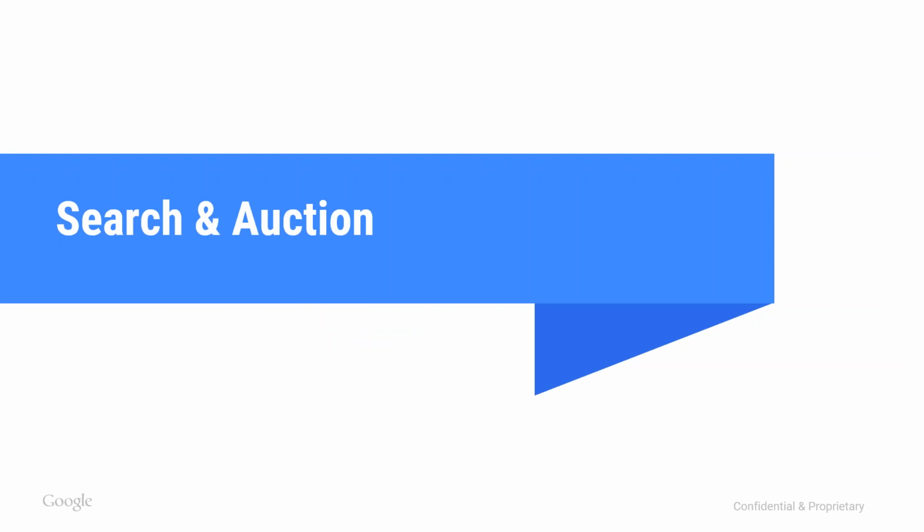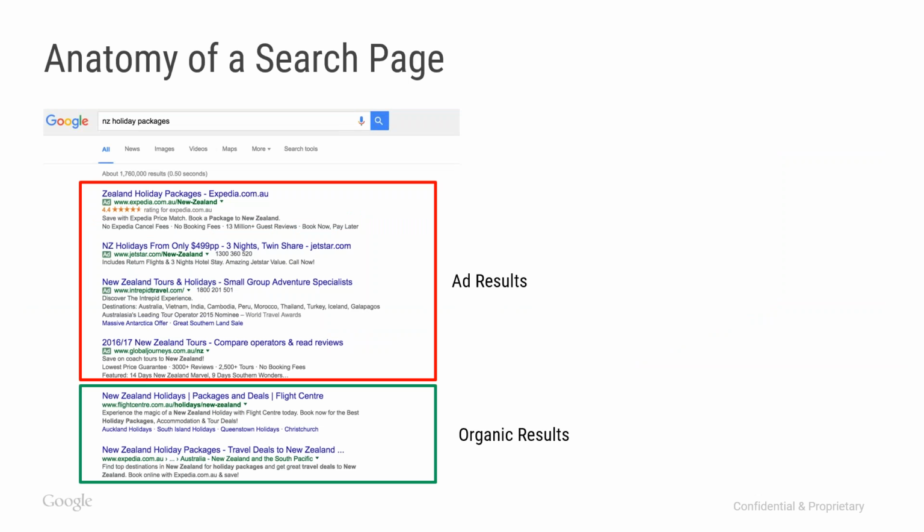So let's deep dive into the search platform now, and we will start off with the anatomy of a search page. I did a quick search for NZ holiday package, and as you can see on the screen, these are the results. The ones at the top, highlighted in red, are the ads. And the ones highlighted in green are the organic results.